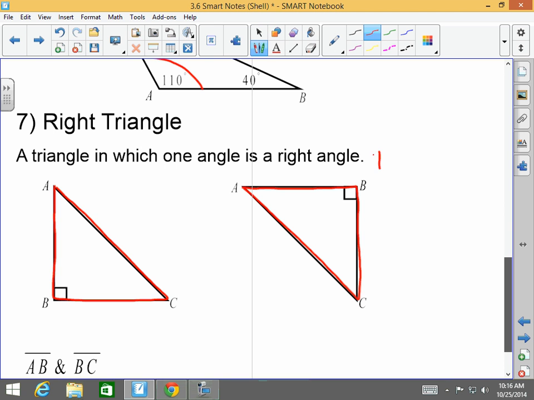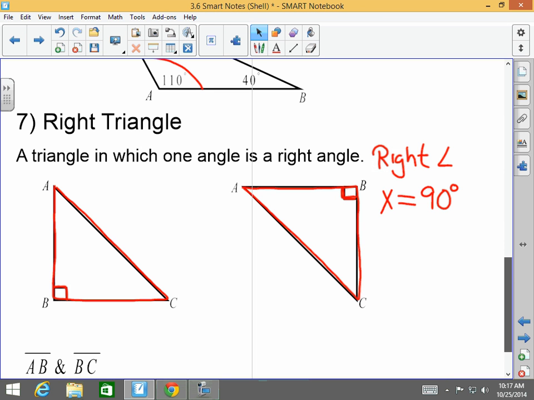And if you remember, a right angle is an angle x which equals exactly 90 degrees. Please remember, we cannot assume right angles. We know this is a right angle because of my right angle indicator here and my right angle indicator there. So a right triangle is a triangle in which one angle is a right angle.